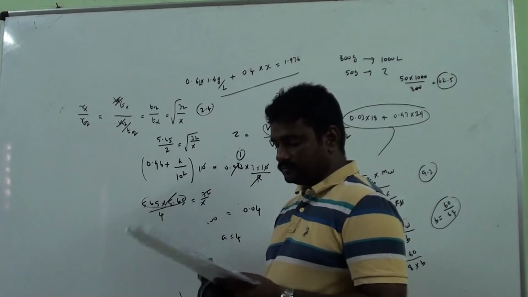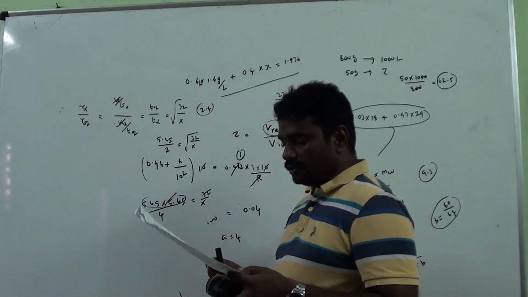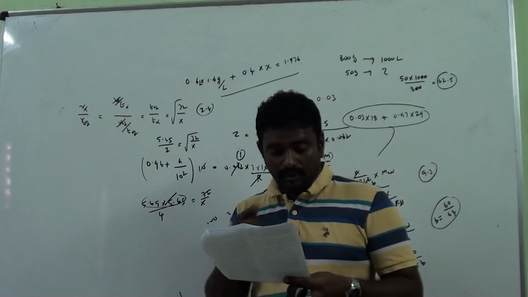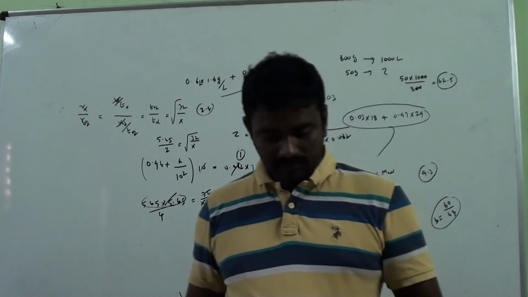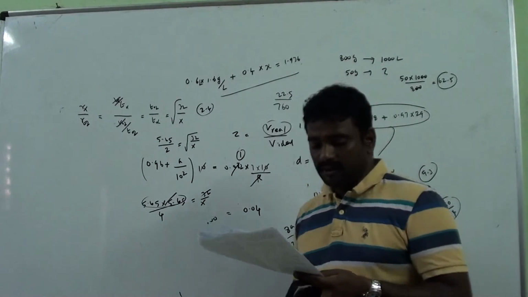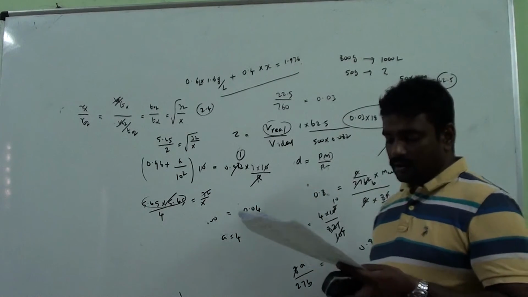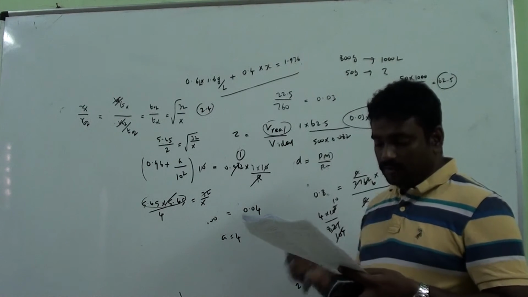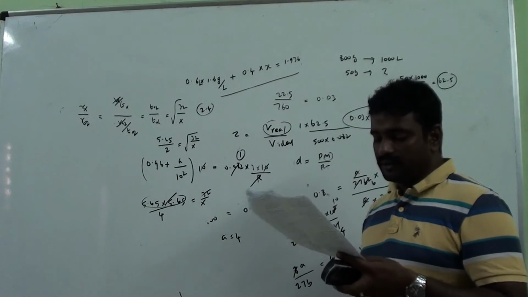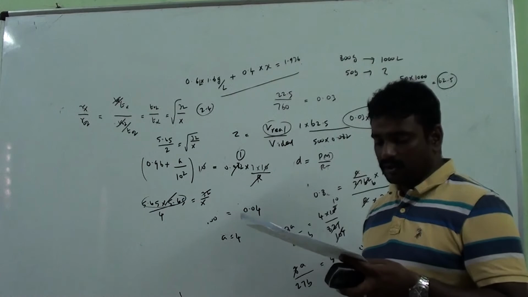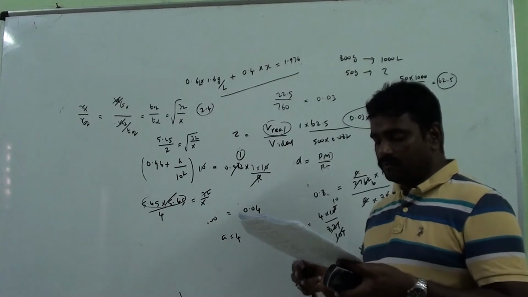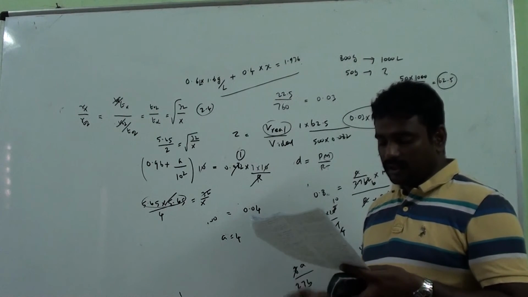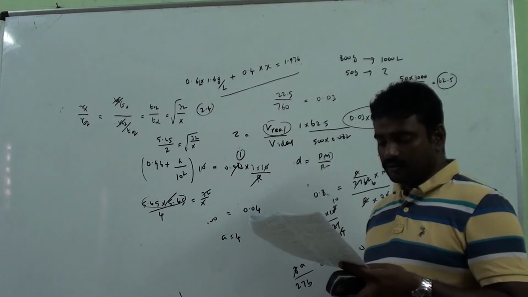Right. Next one, question number 23. If excess F2 reacts at 150 degree and 1 atmosphere pressure with Br2 to give one compound BrFn. Bromine is conserved.